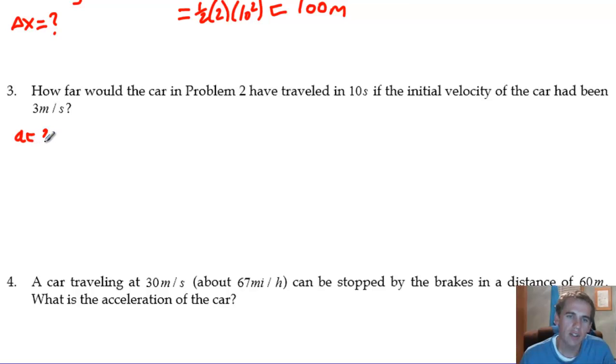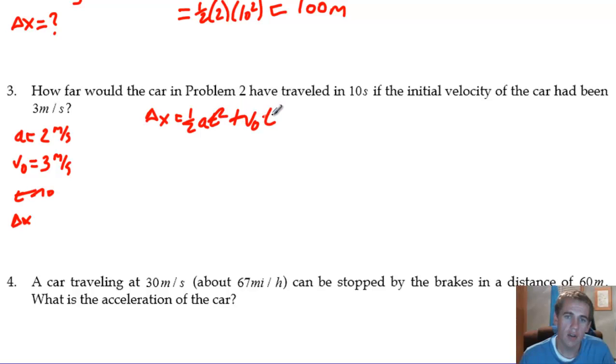Okay, so acceleration is still 2 meters per second squared, but this time my initial velocity is 3 meters per second. My time is still 10, and I'm still looking for change in position. So I'm going to use the same equation. Change in position equals 1/2 at squared plus v naught t, but this time I have a v naught, so that doesn't drop out.